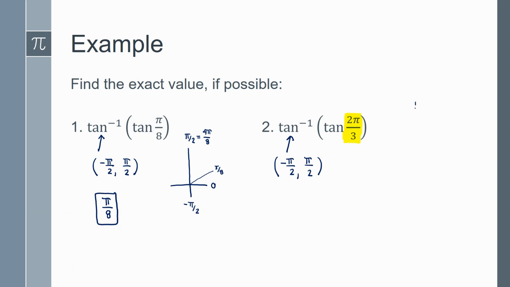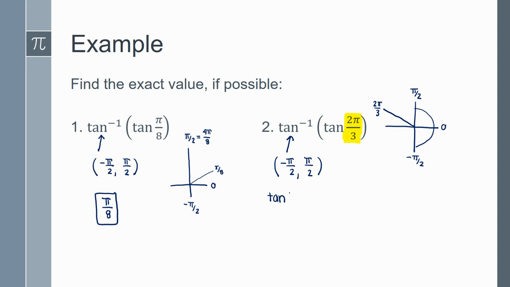So thinking about your picture and your unit circle, once again, 0 is there, pi over 2 is here, negative pi over 2 is here. We're trying to find it within the first and the fourth quadrant. Well, 2 pi over 3 is actually over here in the second quadrant. So right now, it does not fall in the interval.